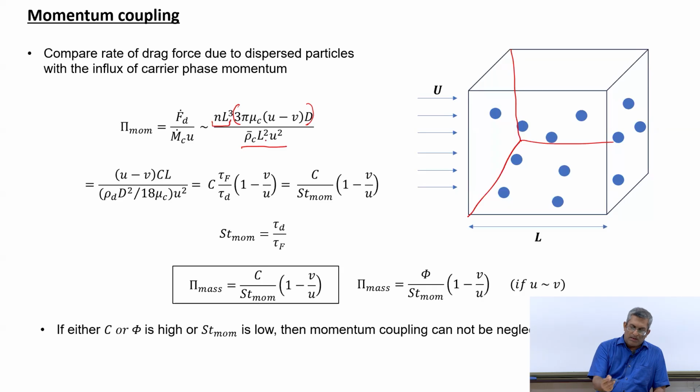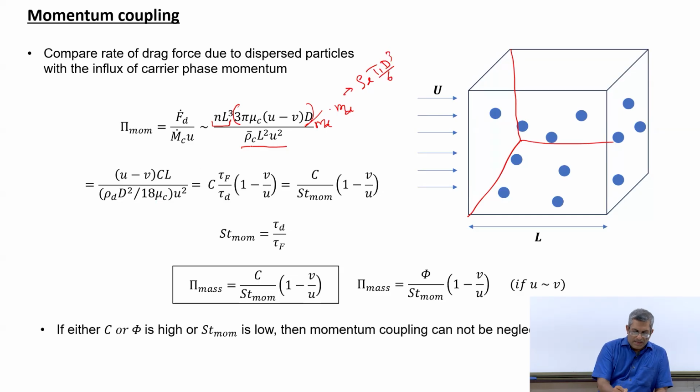Now, like the previous case, in this case also we can multiply and divide with the mass of an individual particle, which is basically equal to density times the volume of each particle.